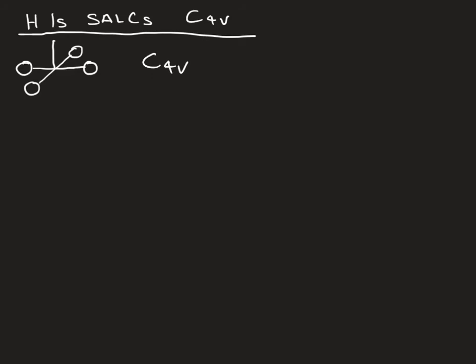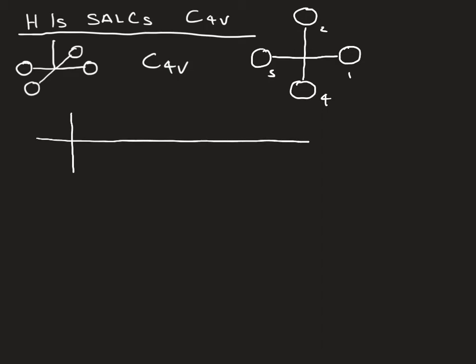And we're going to examine this looking down the z-axis, with our hydrogen 1s orbital indices labeled like that. So this is under C4v symmetry, and we need to generate our reducible representation for the hydrogen 1s orbitals.